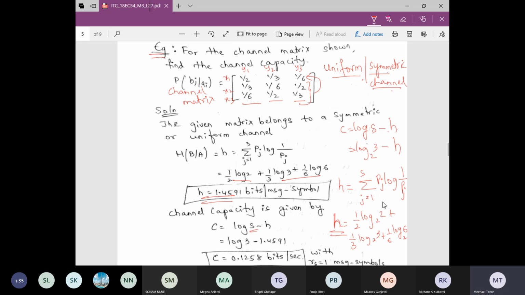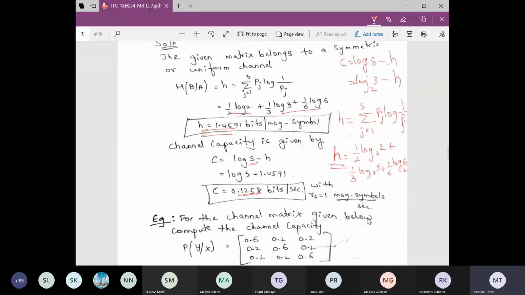S value is 3 because we have 3 output symbols. Log 3 to the base 2, and we obtain H as 1.4591. Therefore, channel capacity is 0.1258 bits per second.